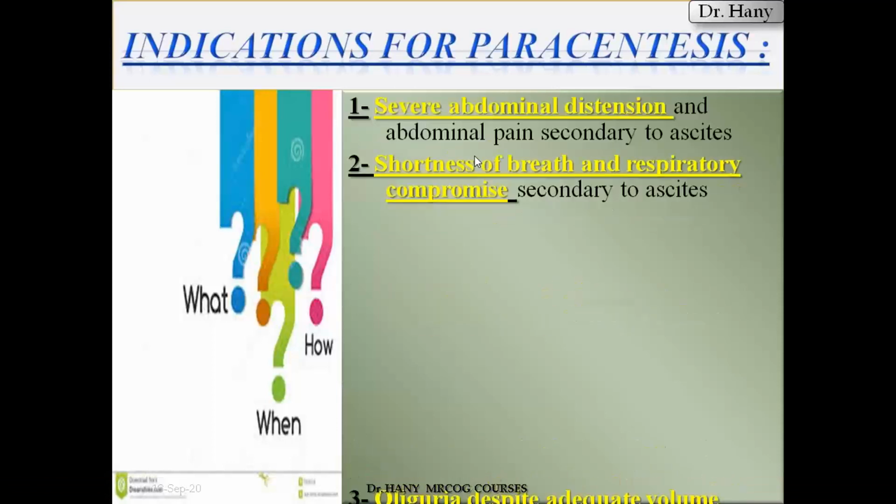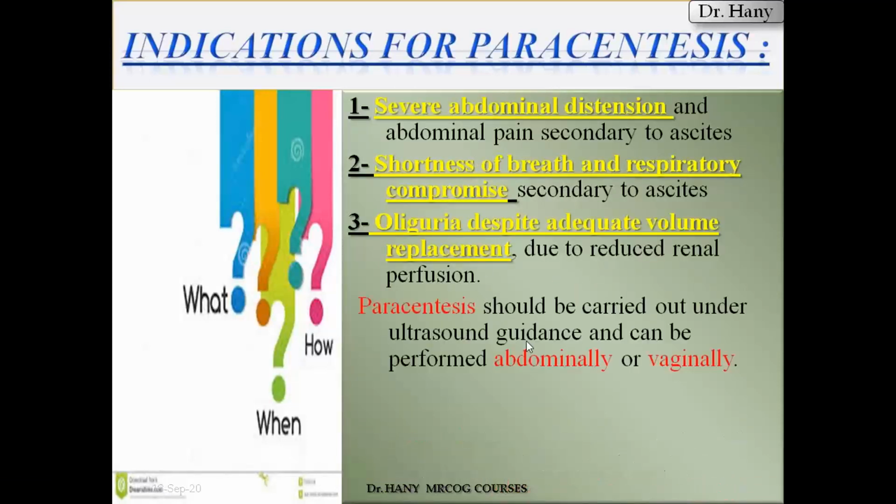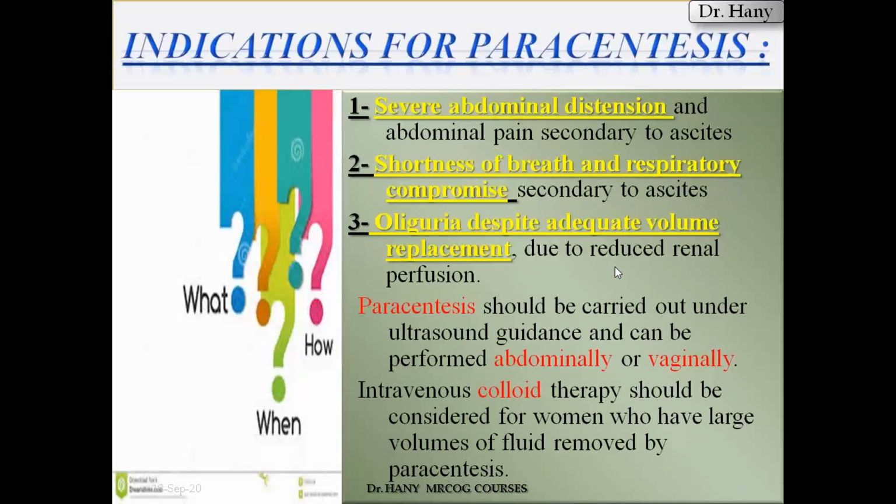Intravenous colloid should be considered for women who have a large volume of fluid removed by paracentesis. What is the volume? The randomized control trial said that about 2,000 milliliters gave a benefit in improving the ascites and respiratory symptoms. Don't remove more than this.